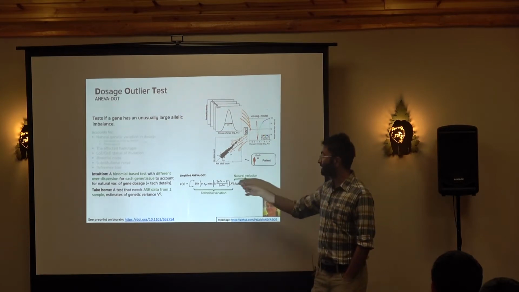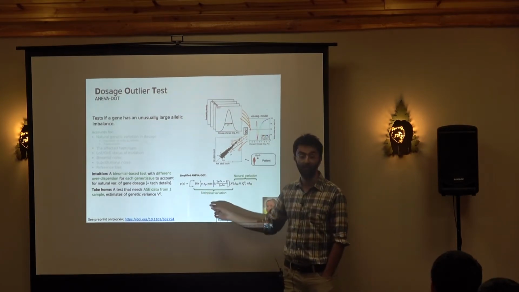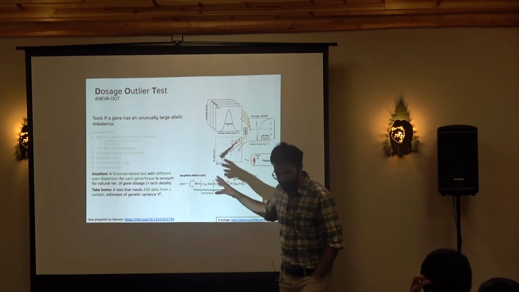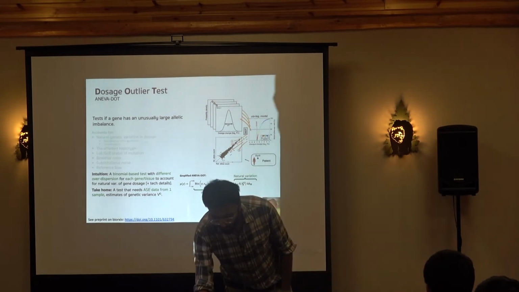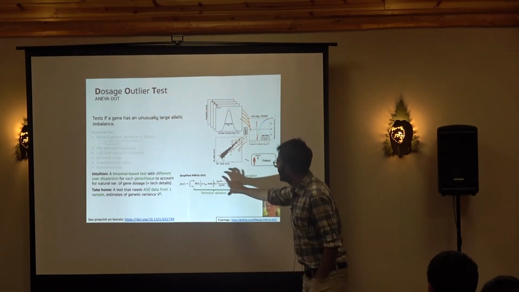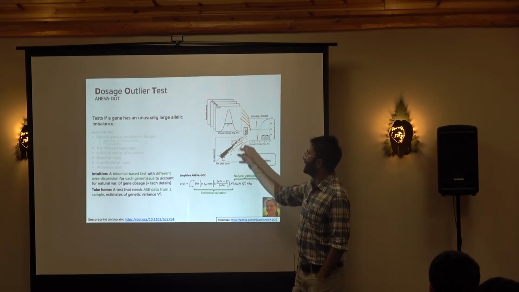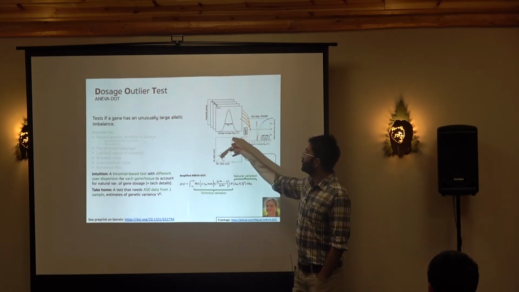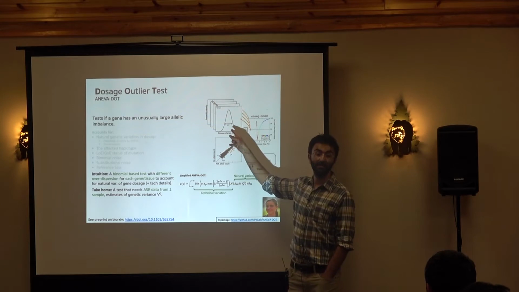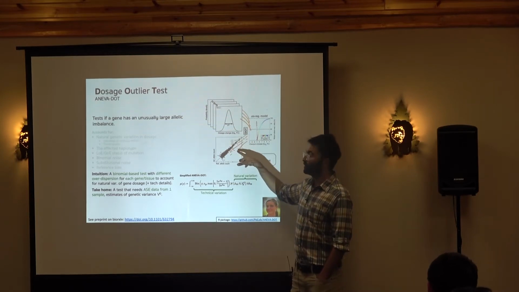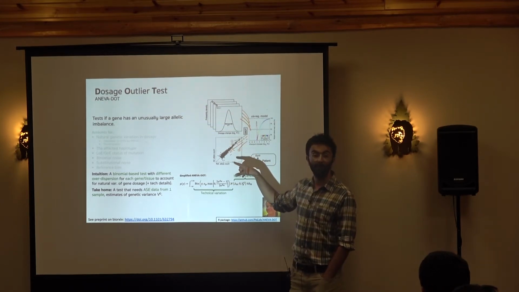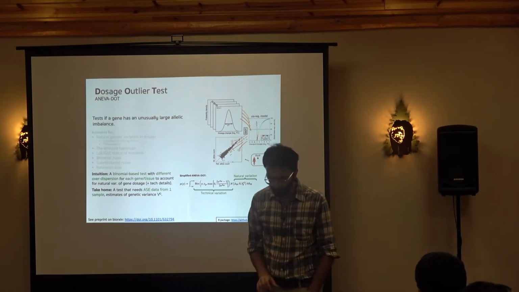So it's the mechanistic link between the natural variation and the technical variation. What this test does at the end is take data like this. For each gene, we go to GTEx, look at the variance estimate we had, and individually test whether this is too far off for this specific gene.